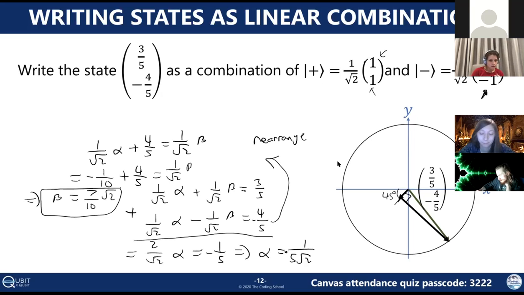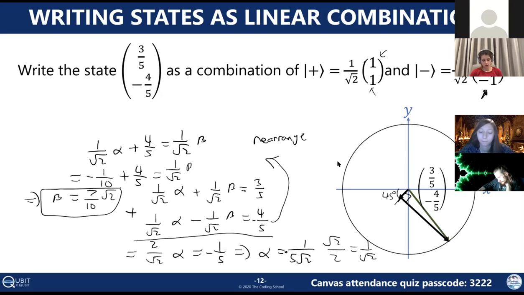Shouldn't it be multiplied by square root of 2? It should be multiplied by square root of 2/2, which is equal to 1/√2. So it's either way. This is the same thing as square root of 2/10, because you could just multiply both sides by √2 and 2.